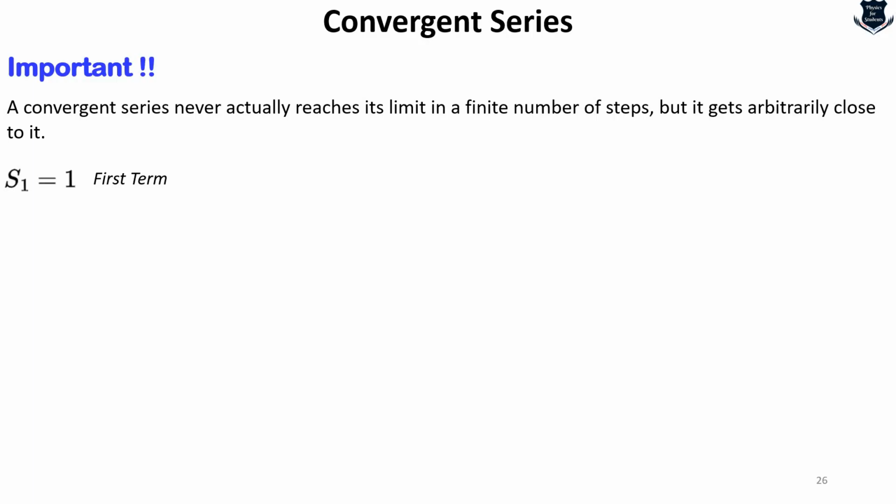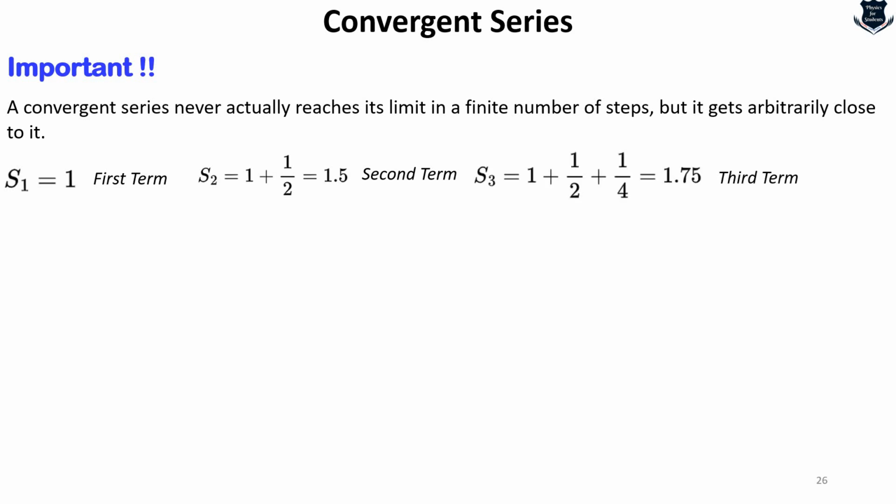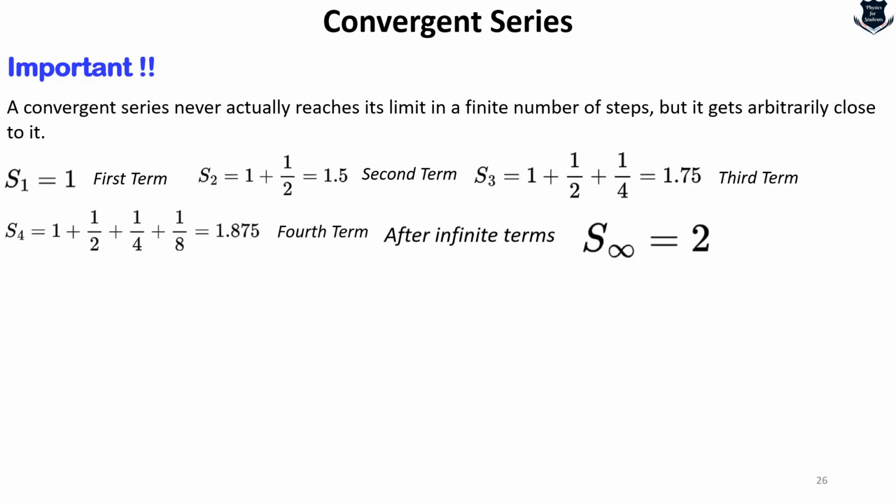After one term s1 equals 1, after 2 terms it is 1.5, after 3 terms it becomes 1.75, after 4 terms it becomes 1.875. We see that it never actually reaches 2 in a finite number of steps.